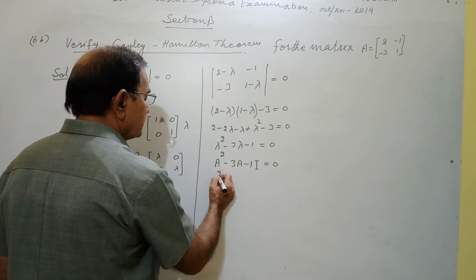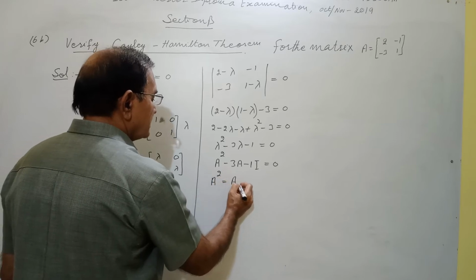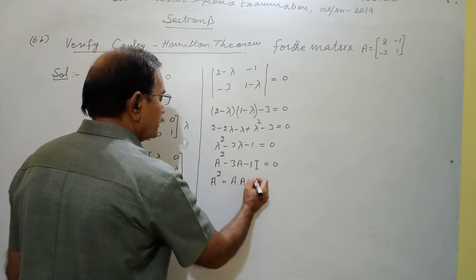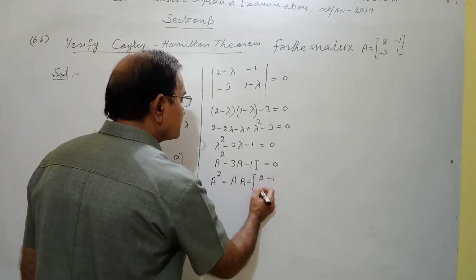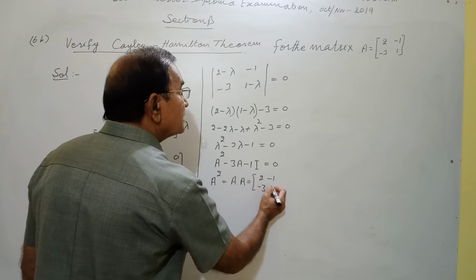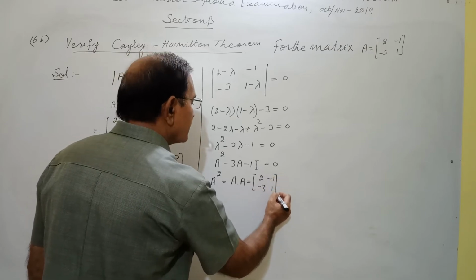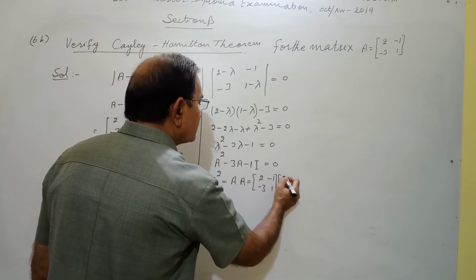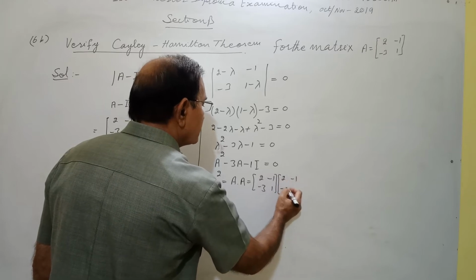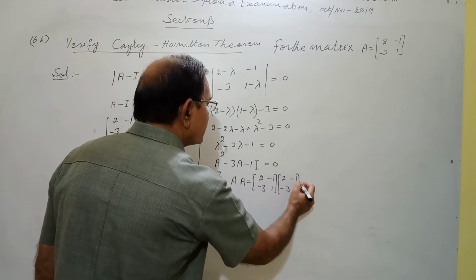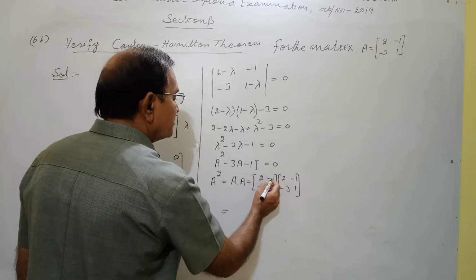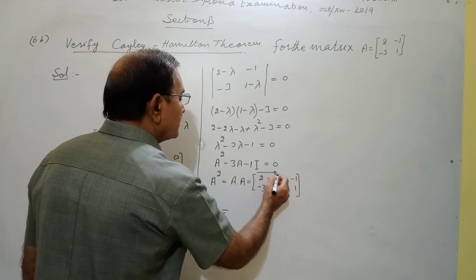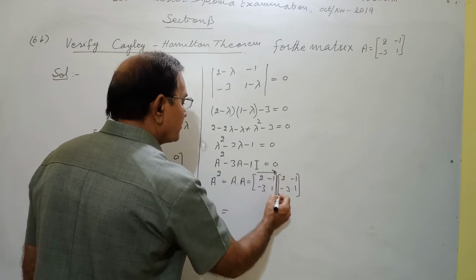A square can be written as A into A, which is 2 minus 1 minus 3 1 times 2 minus 1 minus 3 and 1. So multiply like row and column.